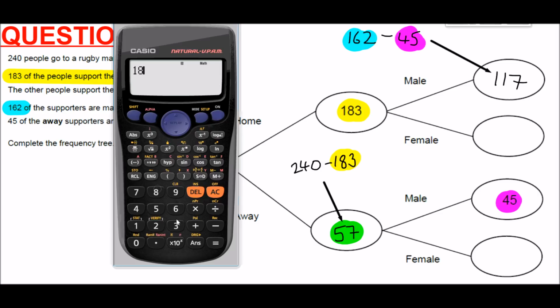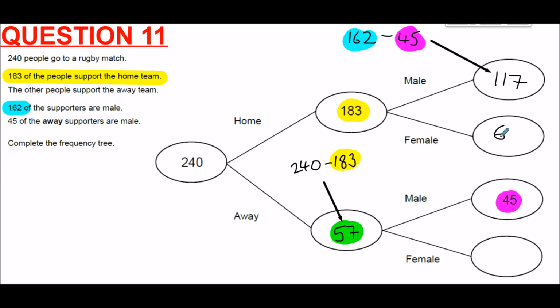And so 183 minus 117 is 66. In the same way over here, 57 supporters were away supporters, 45 were male, and so the other 12 were female. And so that's a frequency tree completed.